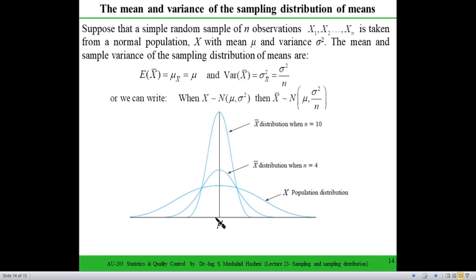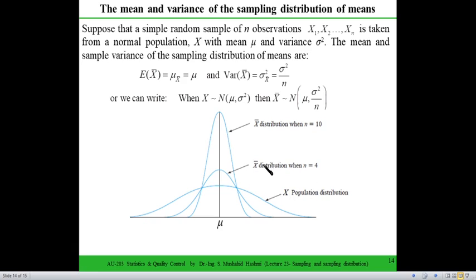Mu represents the population mean, and let's say you have a population with a distribution like this. If you are interested in working out not the population x but the sample mean of that same population, x bar represents the mean of a sample taken from this population.